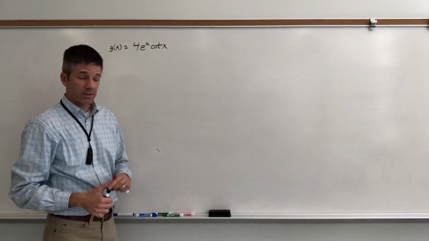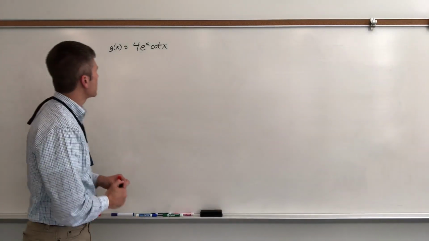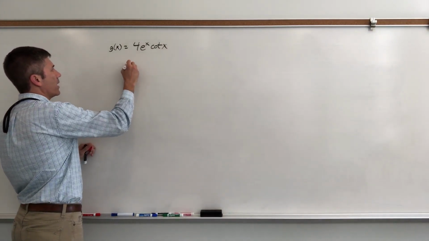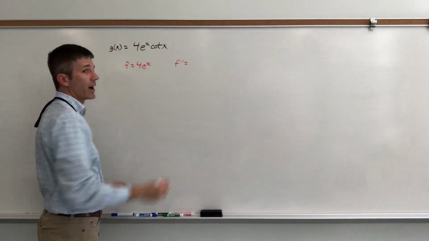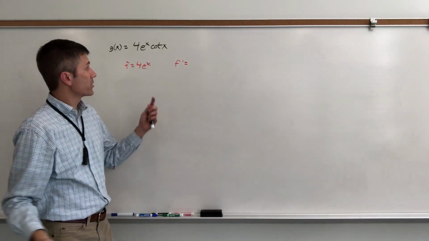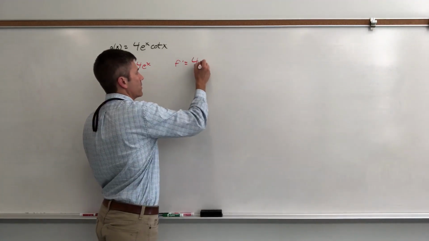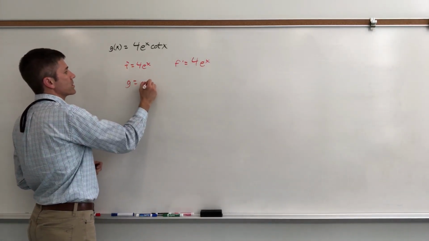We're dealing with two things that are multiplied together. Didn't do any quotient rule on these. Just a bunch of product rules. And I think it's fairly obvious what we have going on here. f is 4e to the x. The derivative of 4e to the x is 4e to the x, because the derivative of e to the x is e to the x, but you just multiply it by 4. It's just a scalar. So g is cotangent of x.